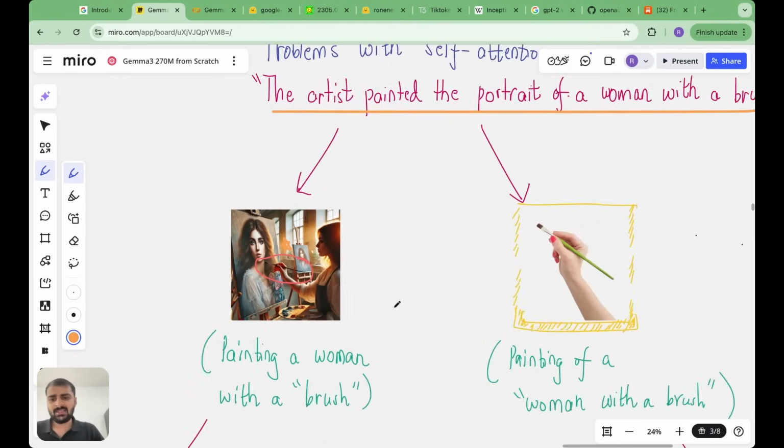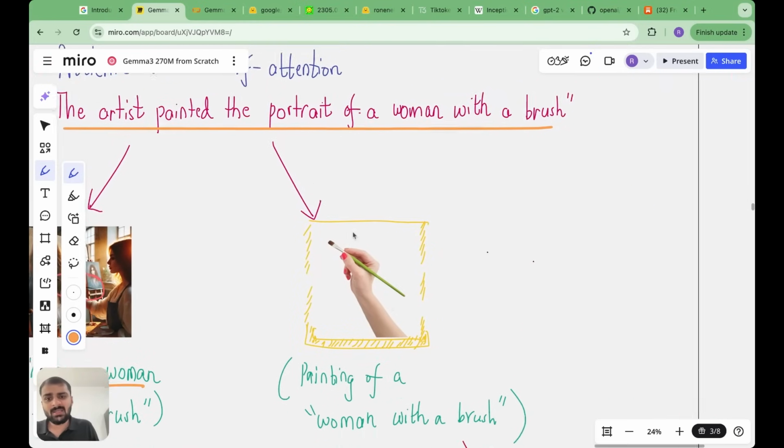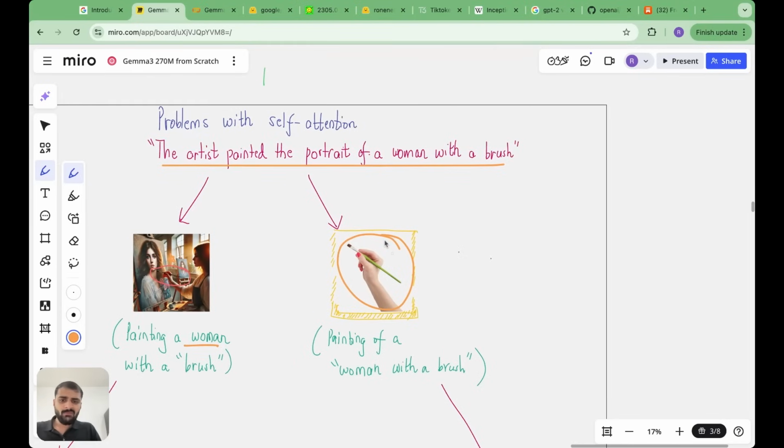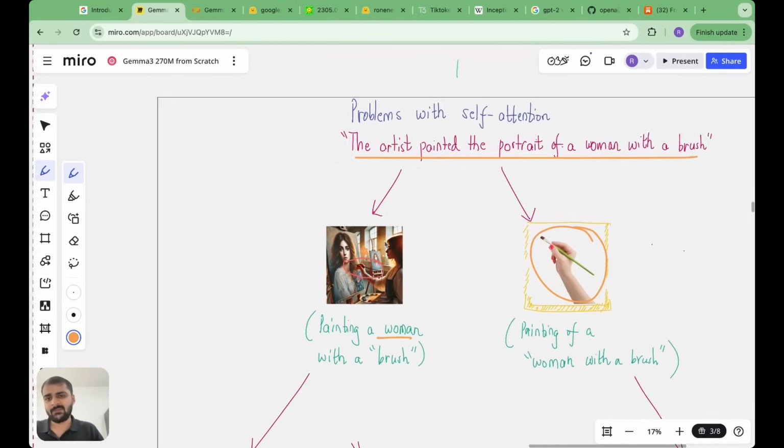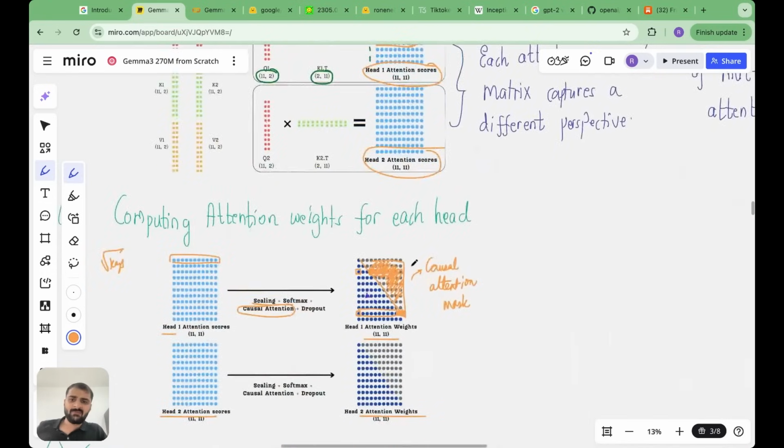This can have two meanings, right? The artist painted the portrait of a woman and the artist used the brush, or the artist painted the portrait of a woman with a brush. Two different meanings, right? So two different perspectives. So each attention head helps to capture one perspective that way.